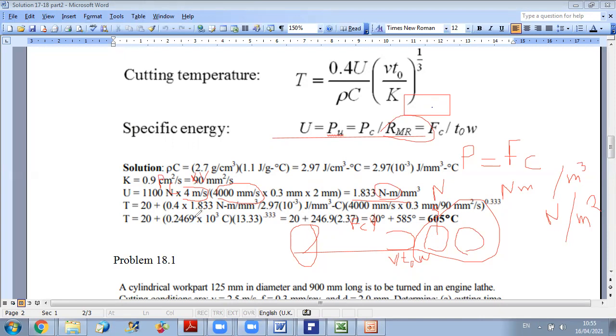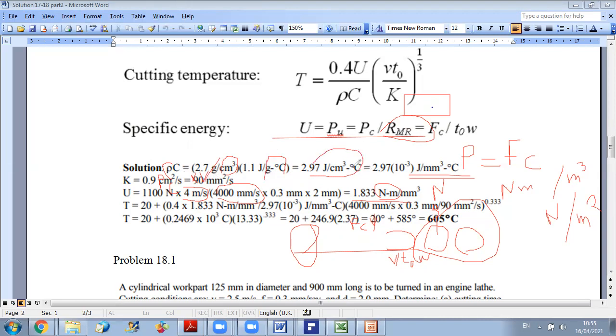Okay, so now for rho C, you have it here in joule. Here we also need to pay attention to the unit, because rho is in gram per centimeter cube. When you multiply it by C, which is joule per gram Celsius, the gram will be simplified and your final result will be in joule per centimeter cube degrees.